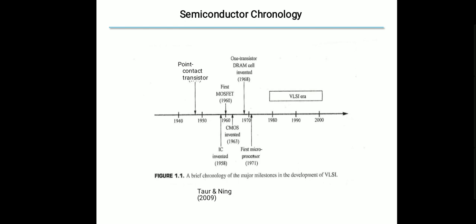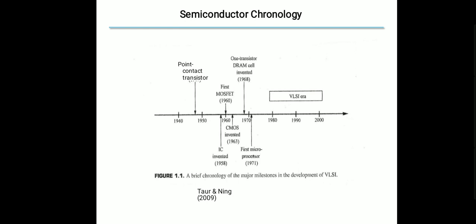Then here we are going to see this figure 1.1. It's about a brief chronology of major milestones in the development of VLSI. So what are the developments on the VLSI side?